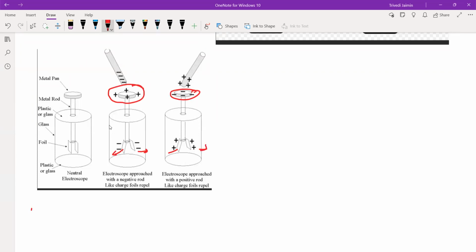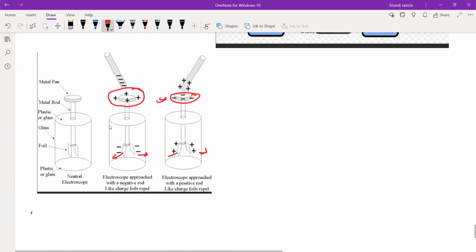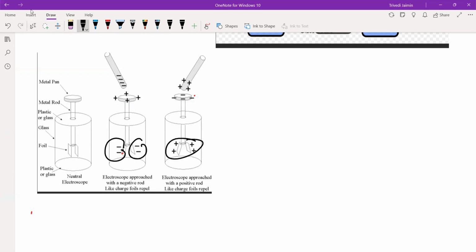It will repel; we can say it's positively charged when it is negatively charged. In short, we are talking about the cap here. And whatever foil we are using determines whether it's positively charged or negatively charged with the help of this metal cap.